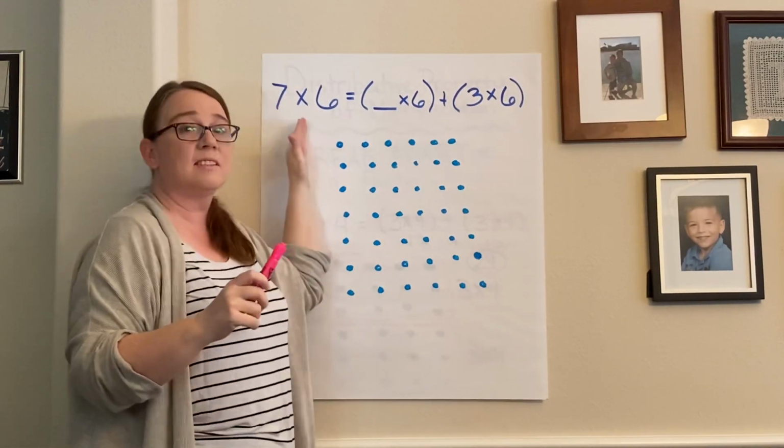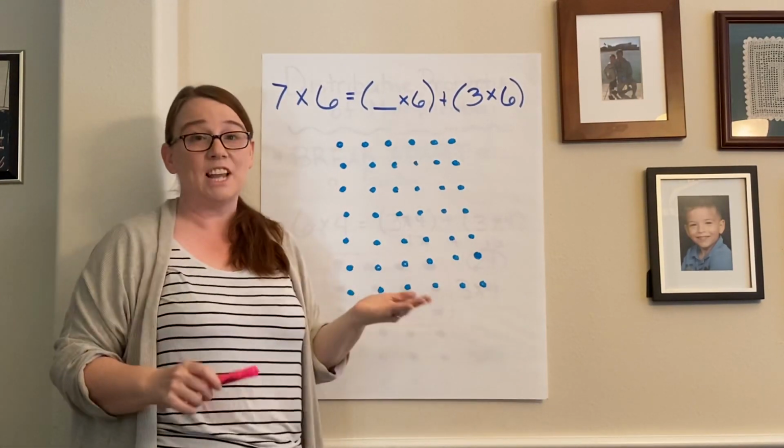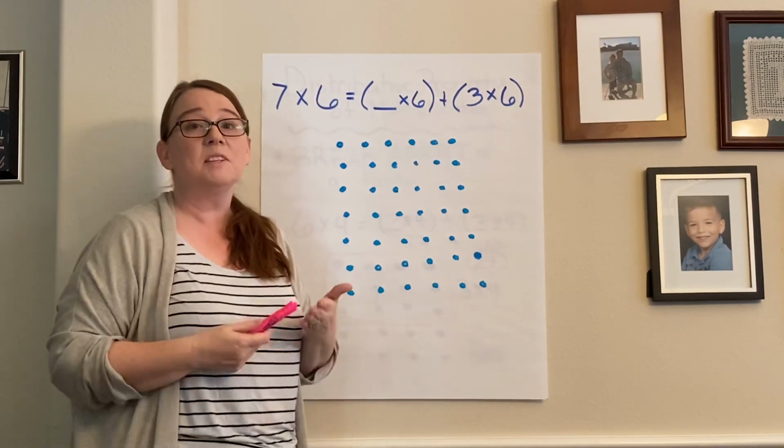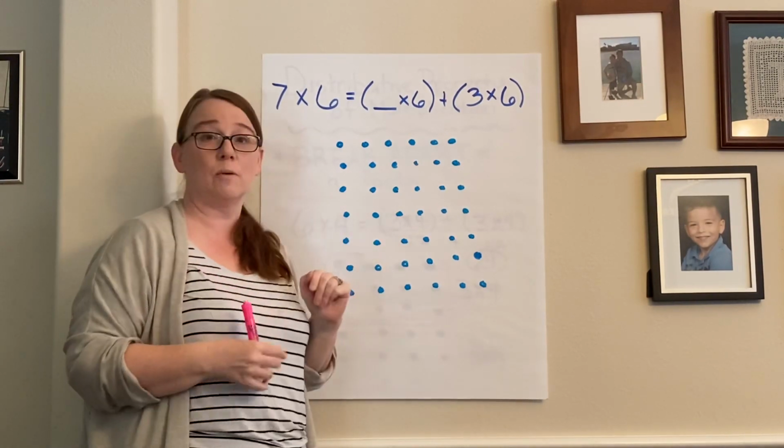So I have my array 7 times 6. That would be a lot of dots to count. So I'm going to break this apart into 2 smaller arrays.